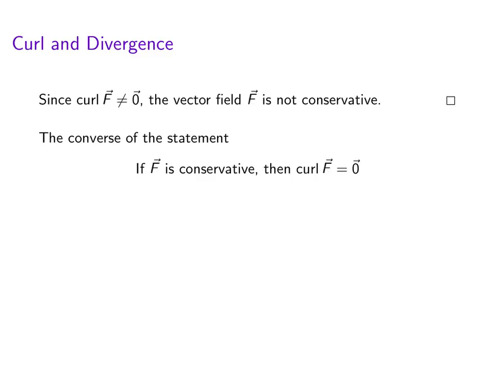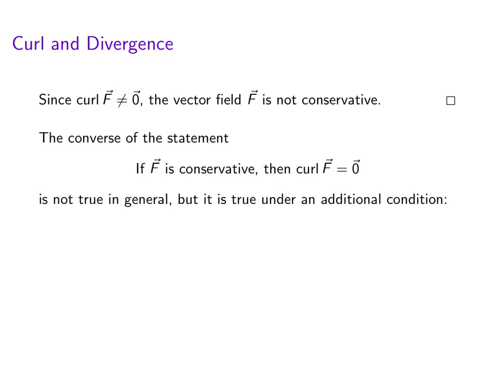Now if you take the original statement, which was if f is conservative, then the curl of f is zero, the converse of that statement is not true in general. The converse is to say if the curl of f is equal to zero, then f is conservative. But it is true under one additional condition.